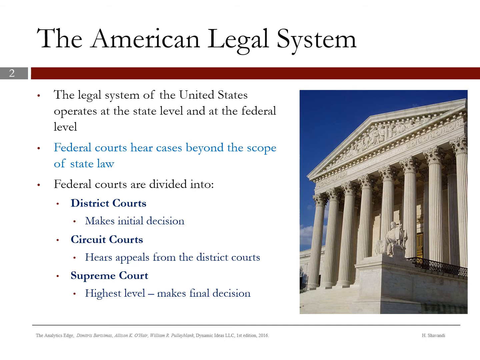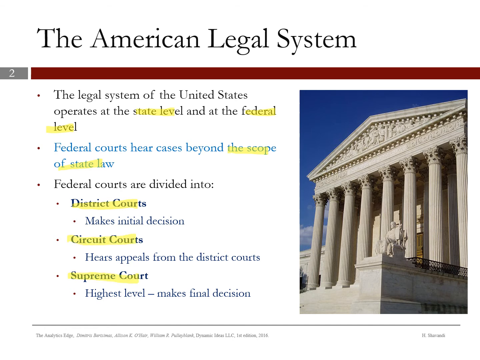Let's first have a background on the American legal system. In the American legal system, we have 2 levels, state level and the federal level. At the federal level, the courts hear the cases beyond the scope of state law. In the federal courts, we have 3 types of court: district courts, circuit courts, and Supreme Court.